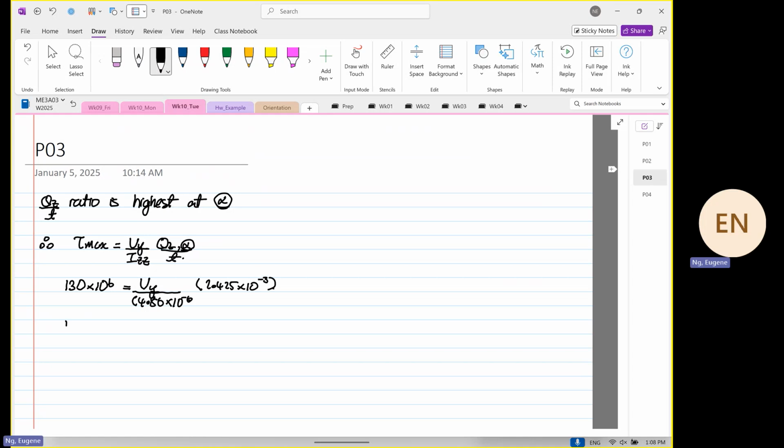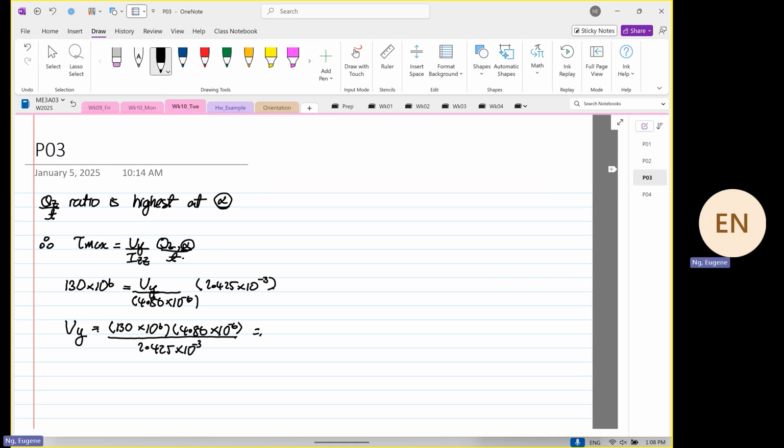From here, we can calculate Vy, which is equal to 130 times 10 to the power 6 multiplied by 4.86 times 10 to the power minus 6 divided by 2.425 times 10 to the power minus 3.